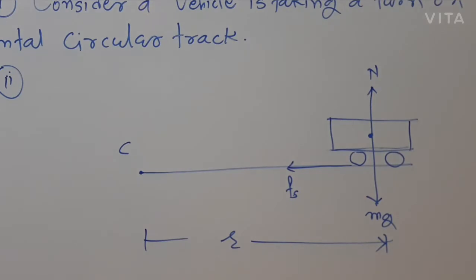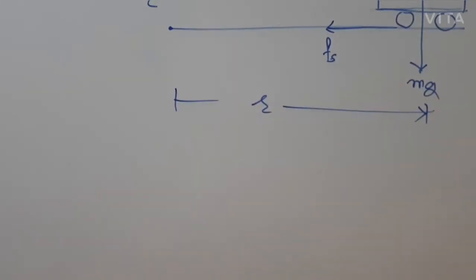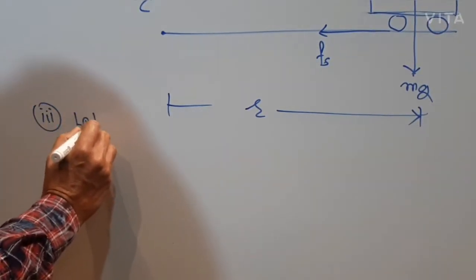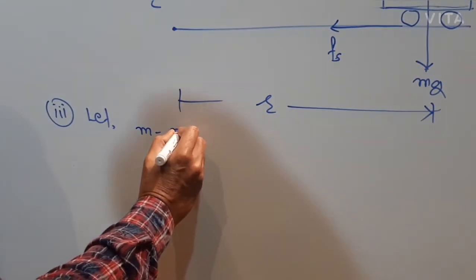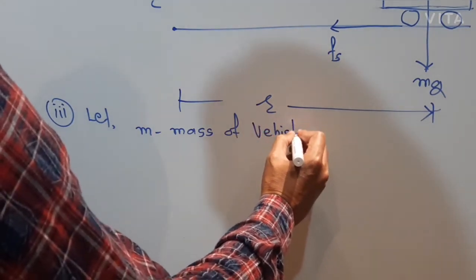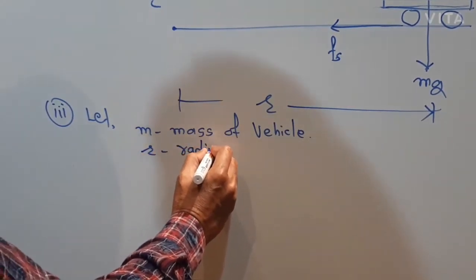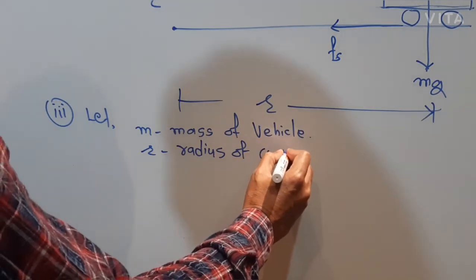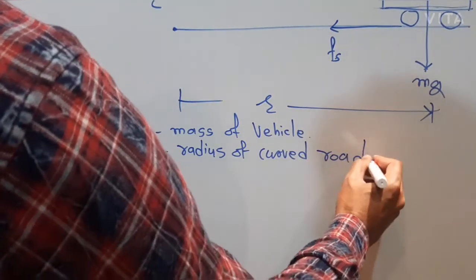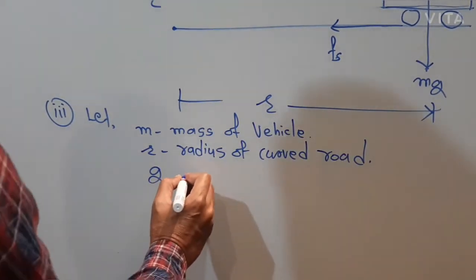Draw this diagram properly. Then our third point is the notation. So write down here, notation. Let m be the mass of vehicle, r the radius of road, the radius of the curved road. g is acceleration due to gravity.